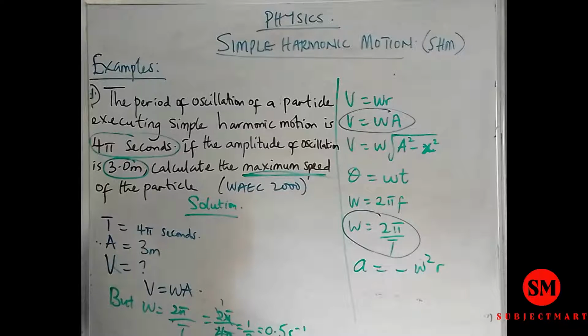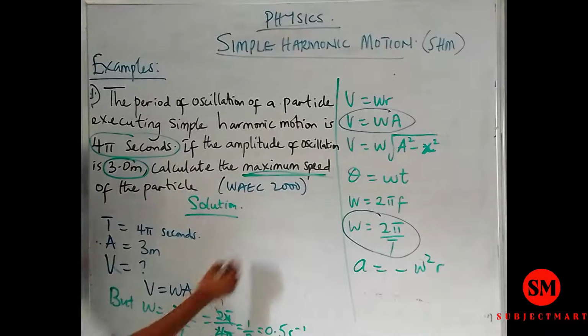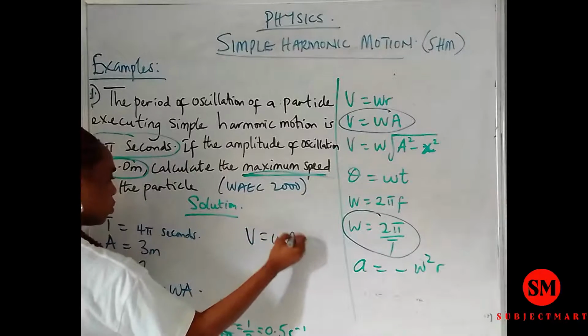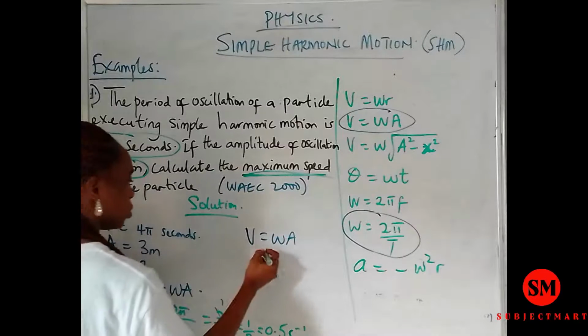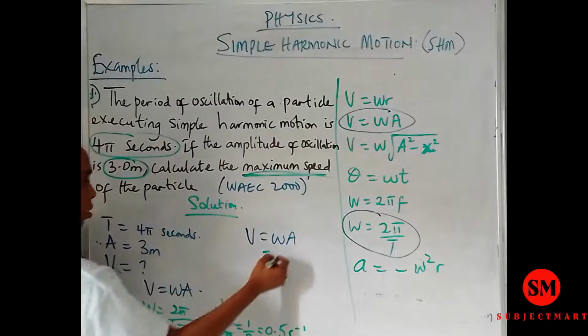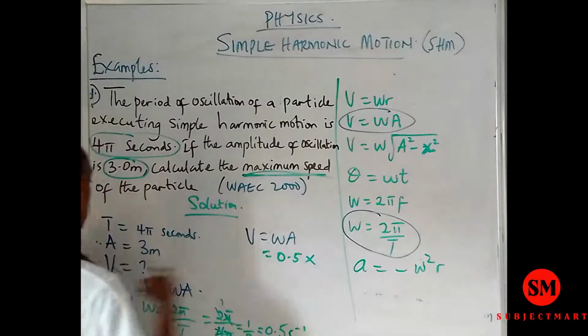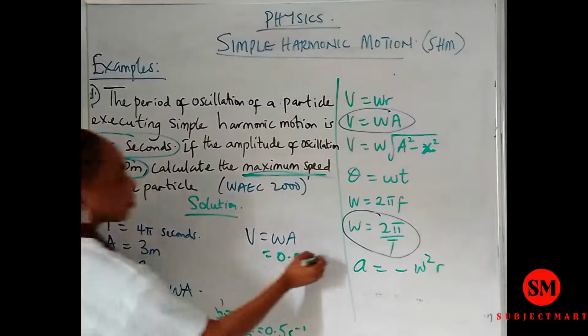Now, we are asked to find the maximum speed. So we are going to substitute this into this formula, which is v is equal to wA. And w from here is 0.5. Our amplitude is 3.